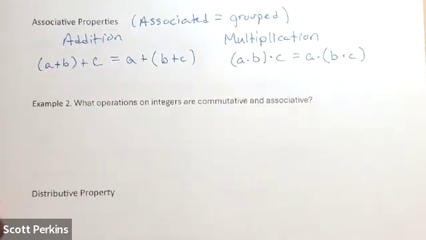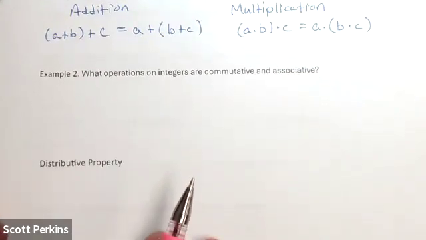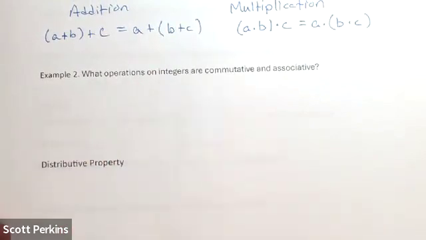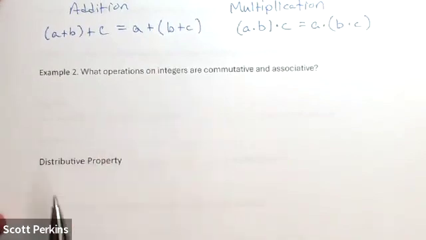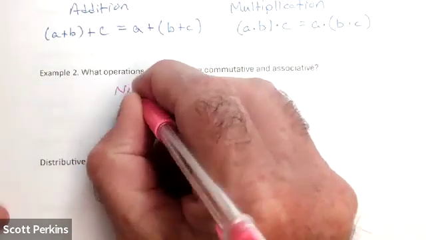So my next example says, what operations on integers are commutative and associative? Well, I've already told you that it's addition and multiplication, but let me show you this by what is not commutative. So what is not commutative?